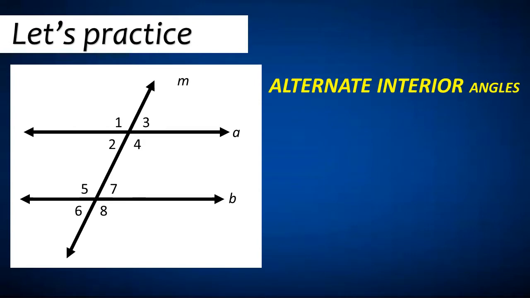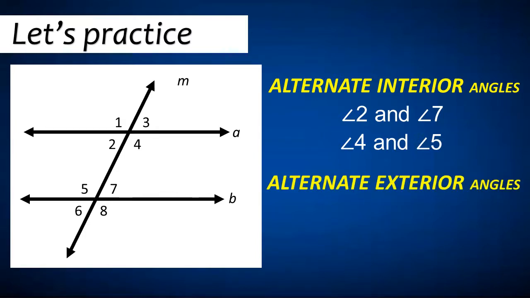Alternate interior. So, interior tayo, sa loob pa rin tayo titingin, pero alternate na. We have 2 and 7 and 4 and 5. Next, alternate exterior. We have 1 and 8 and 3 and 6.